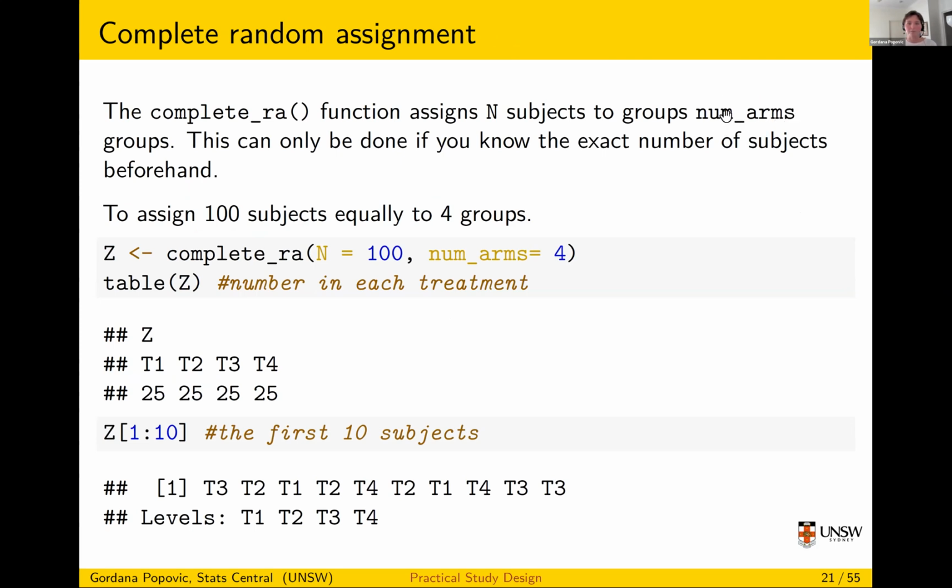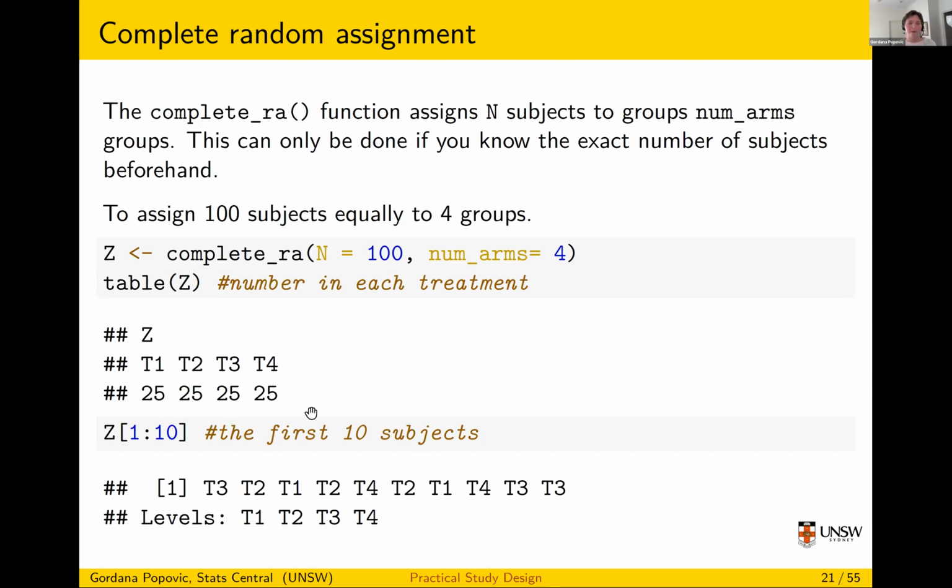So if I want to assign 100 subjects equally to 4 groups, I just go n equals 100, num arms equals 4. That will be saved into Z. And if I do a table of Z, I see that I have 25 people in each of the treatments.